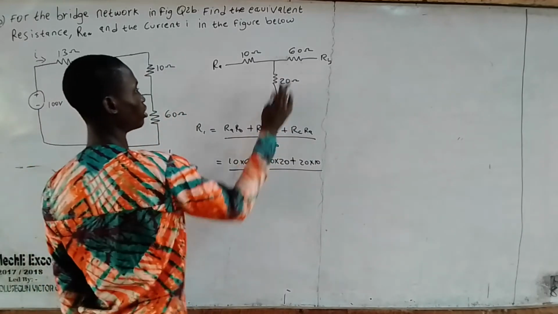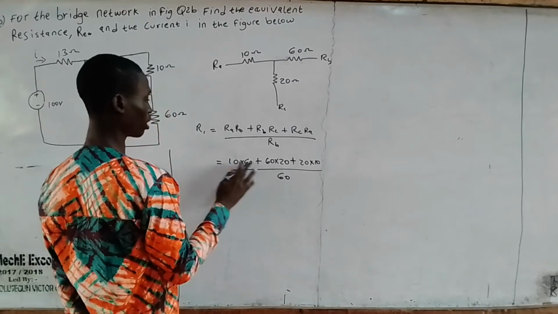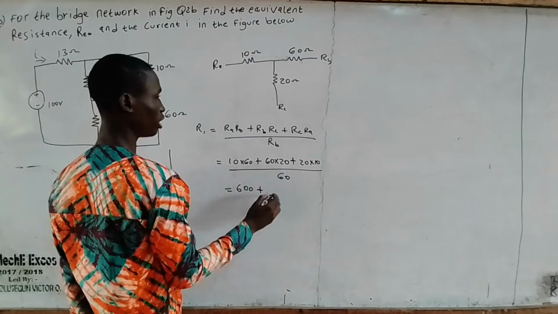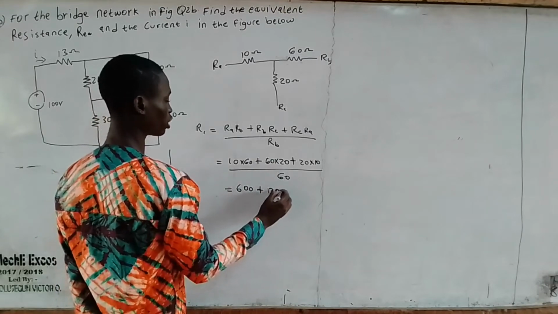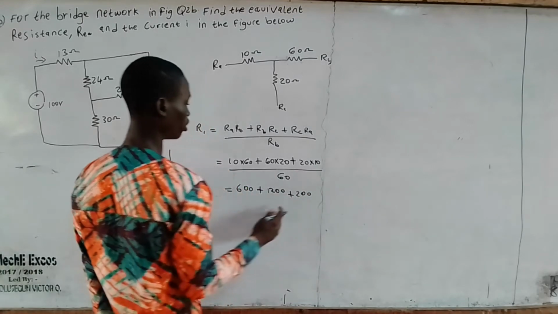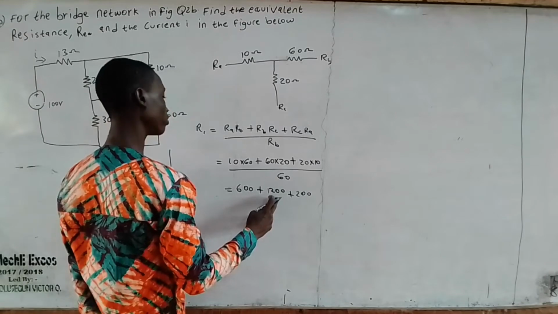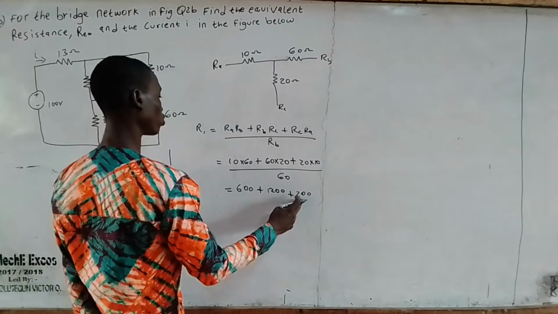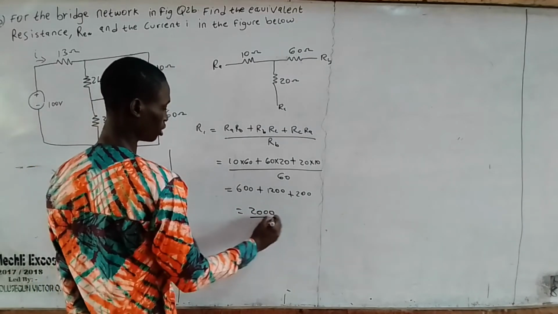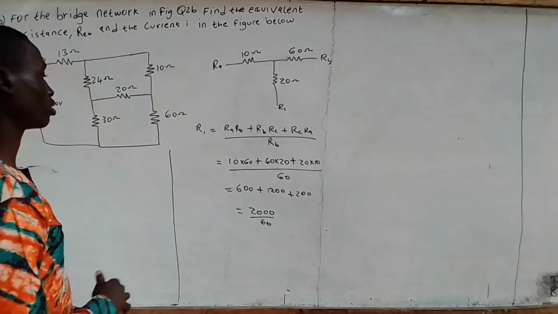What is my RB? That's going to be 60. Okay, what do I have? 10 times 60 is 600. 60 times 20 is 1200. Plus 20 times 10 is 200. 600 plus 1200 is 1800. 1800 plus 200 is going to be 2000. Am I correct? Divided by 60.